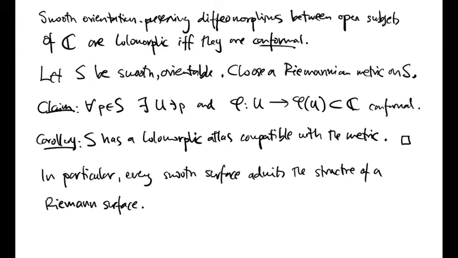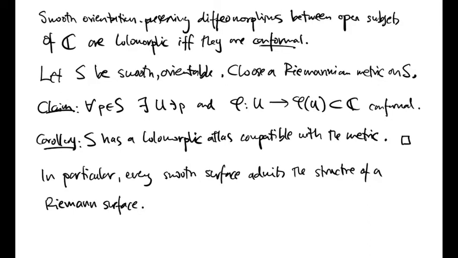An orientation-preserving diffeomorphism between open subsets of the complex plane is holomorphic if and only if it's conformal, meaning angle-preserving. That means infinitesimally on the tangent space it takes infinitesimal round circles at one point to infinitesimal round circles at another. This is a notion that makes sense on any Riemannian manifold.